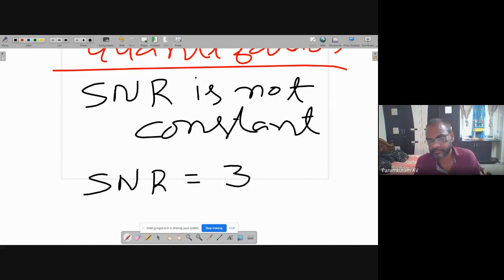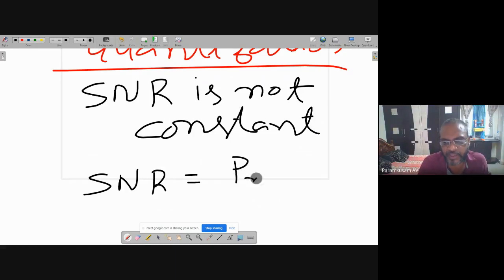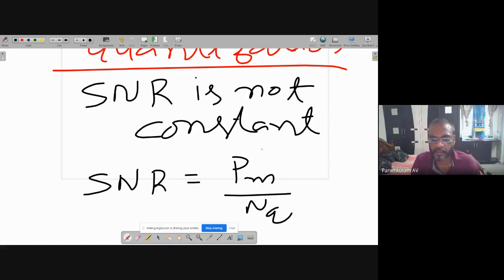3L square PM by MP square. Can we write it like this: PM by MQ? Whereas MQ is equal to S square by 12. Of course, PM is equal to signal power.